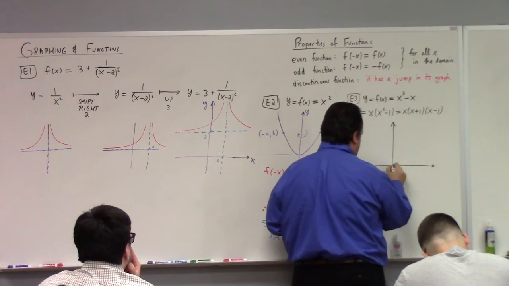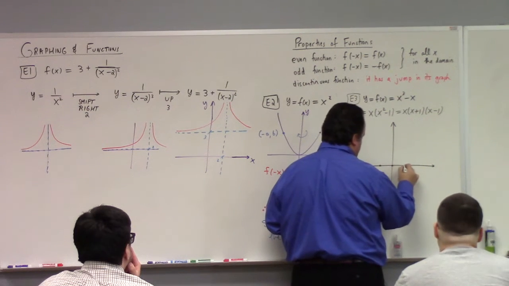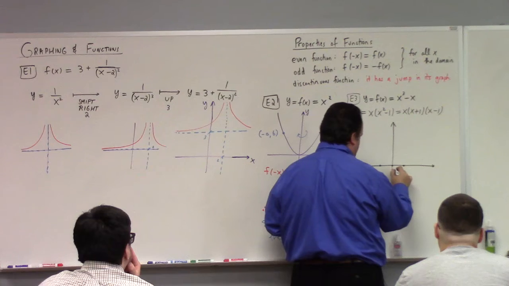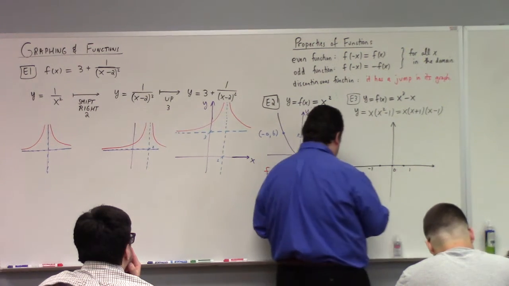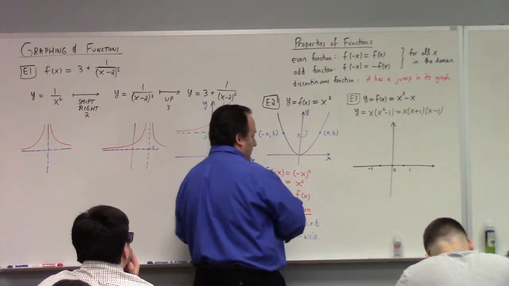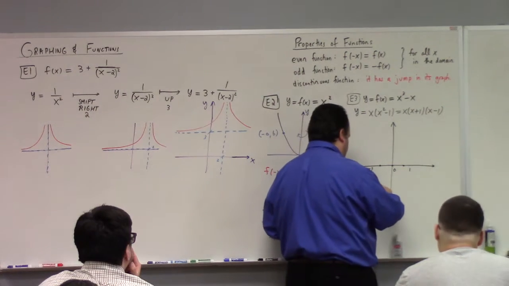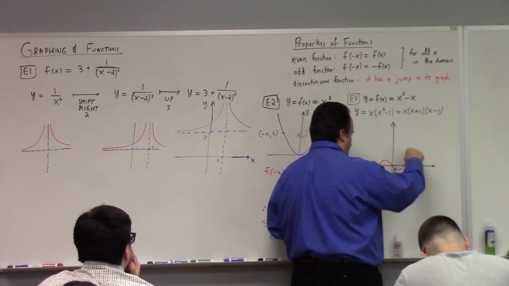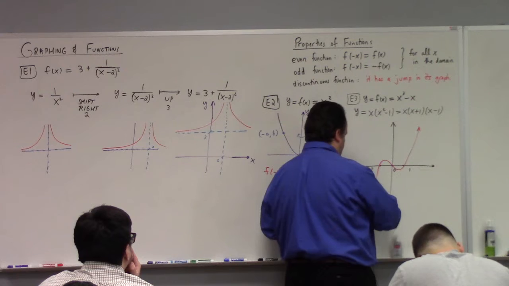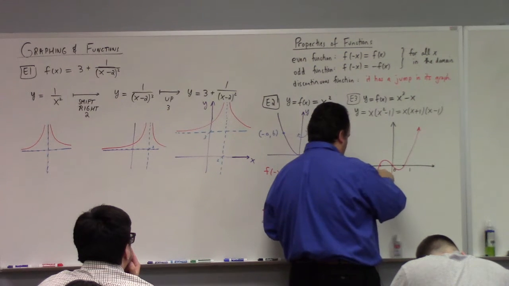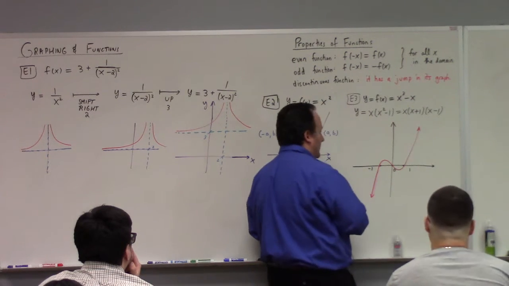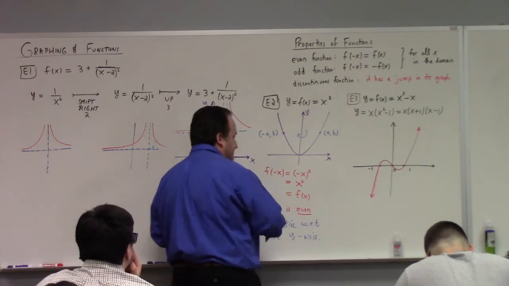As such, they're of critical interest. Here they are, minus 1, 0, and 1. And so my graph looks something like this. All right? So there you go.